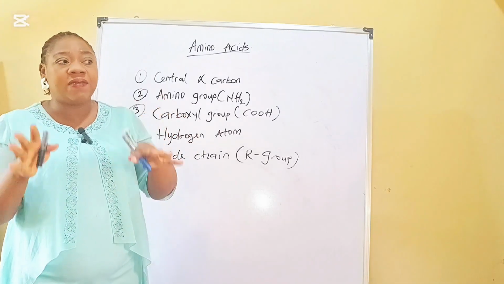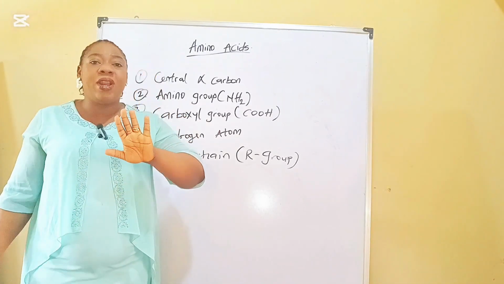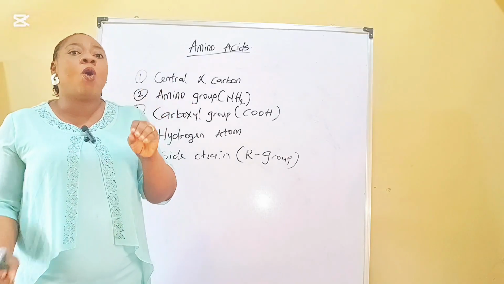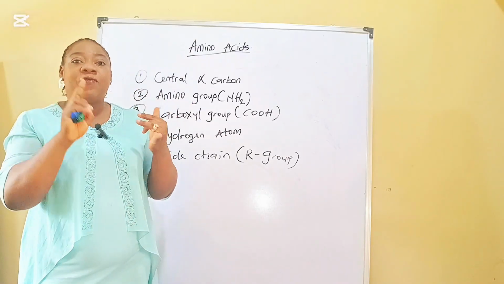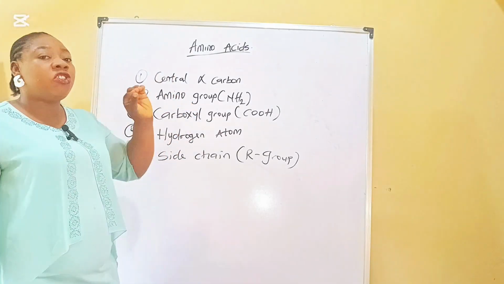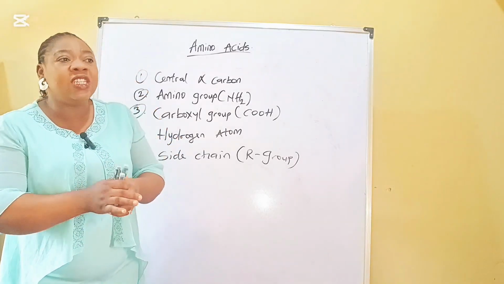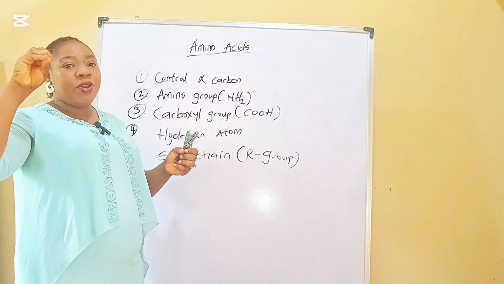But basically, it is safe to say that we have five components that make up the structure of a particular amino acid. The first one is the central alpha carbon, which is where all other components will be attached.